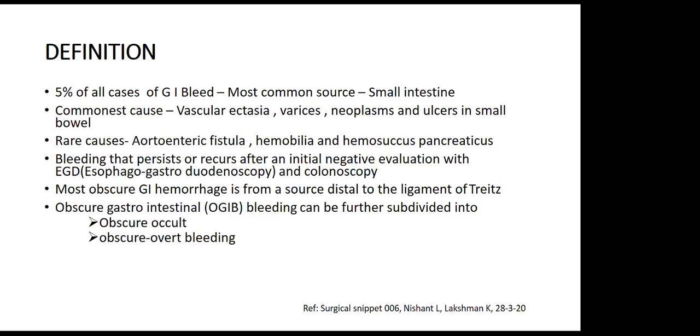We have to keep in mind the rarest causes of obscure GI bleeding, like aortoenteric fistulas, hemobilia, and hemosuccus pancreaticus. Obscure GI bleeding can be further divided into two types: obscure occult bleed and obscure overt bleeding.